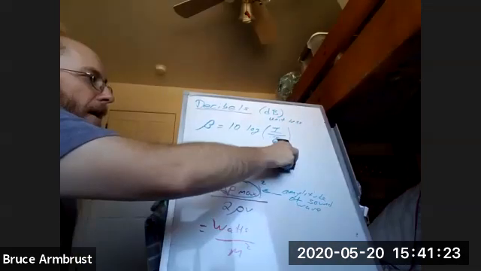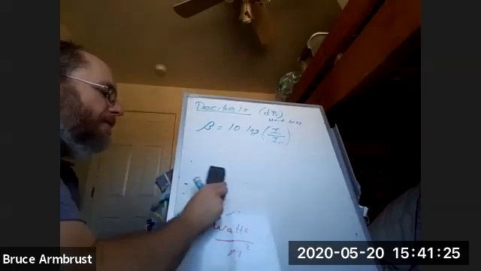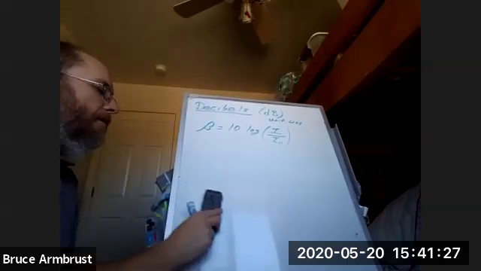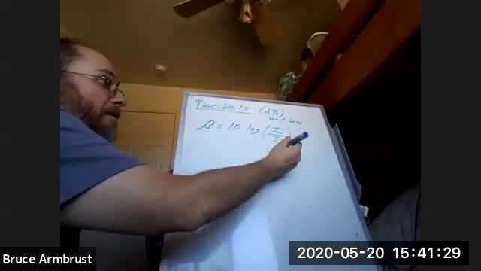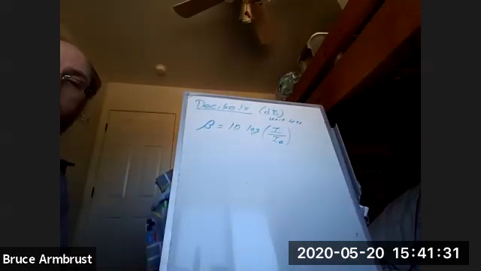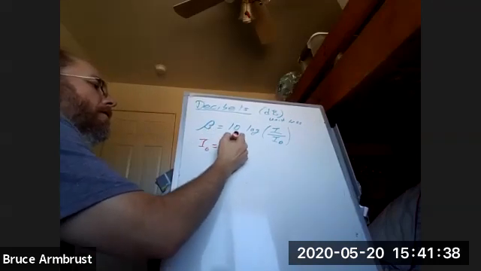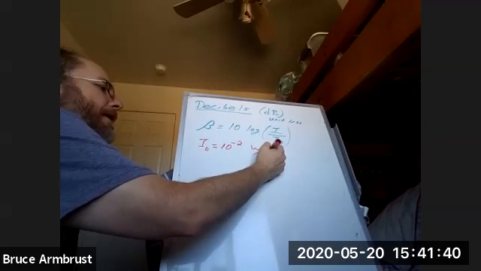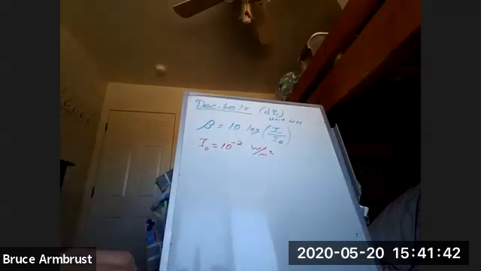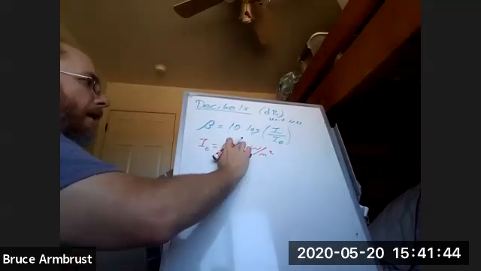And I naught, that's just a reference level intensity. It's chosen, it's a specific amount. I naught is actually equal to 10 to the minus 12 watts per square meter.